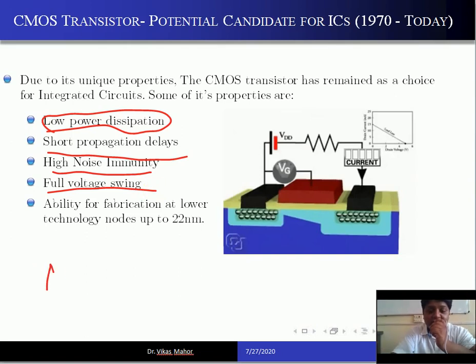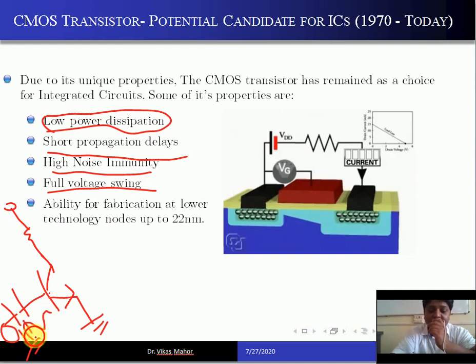You have a BJT, something like this. Fine. Then you have a collector here and a collector resistance. Then you have a base. Fine. If you are applying some varying input at the base, let's say sinusoidal. Fine.